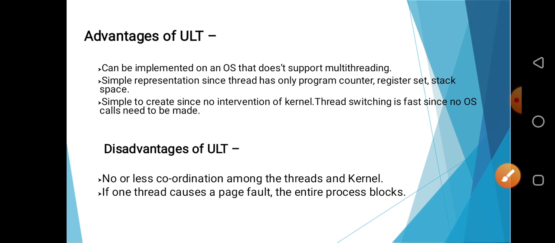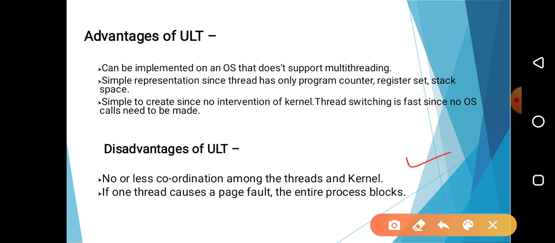What are the different advantages of ULT? As I said, the kernel is not going to interfere in the user level thread. Therefore, it is easy to create, simple to represent, and it is implemented without the help of the kernel. Now, the disadvantage is that there is little or no coordination between the threads and the kernel.